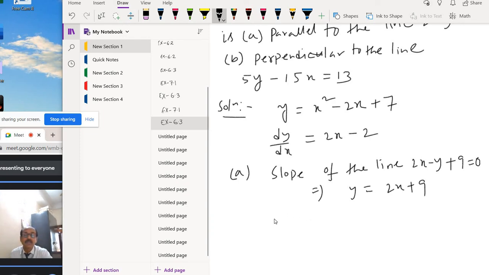Therefore slope equal to 2, because in y equal to mx plus c form, m equal to slope.